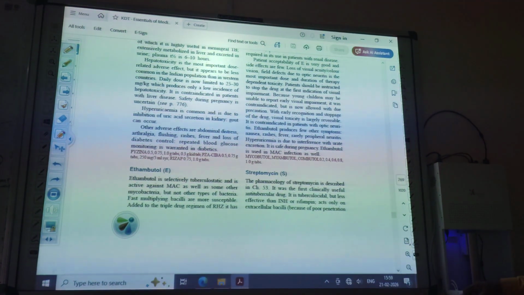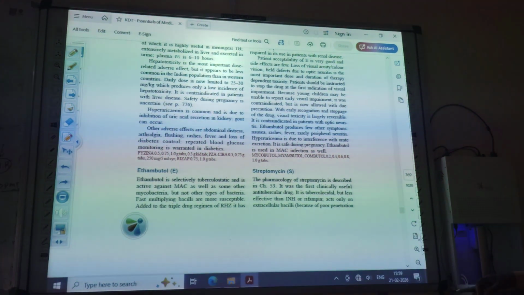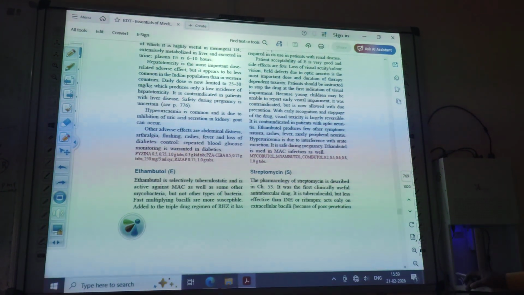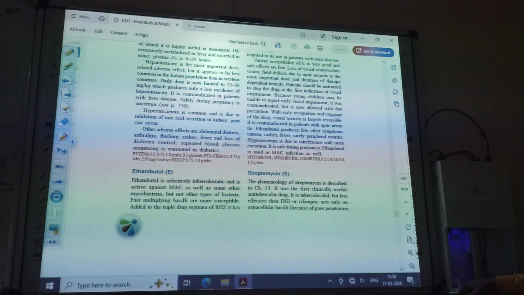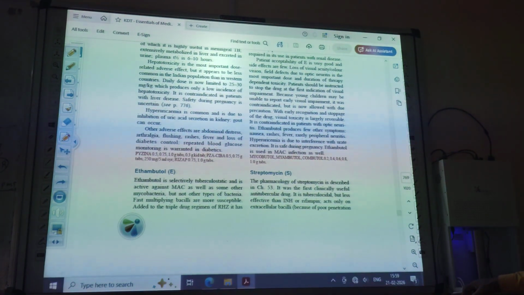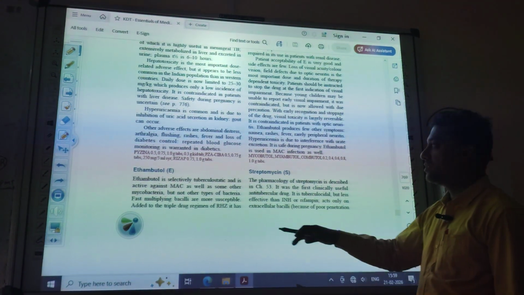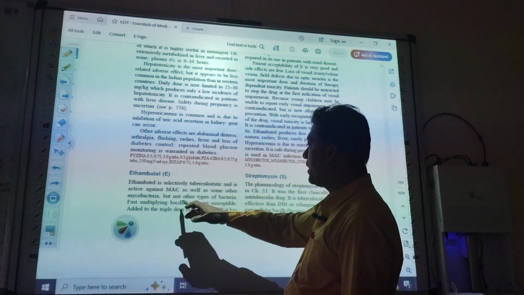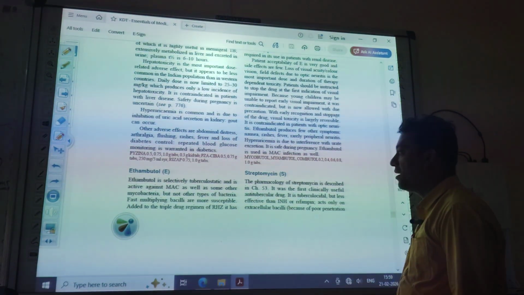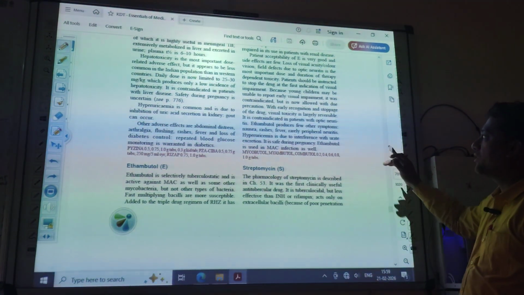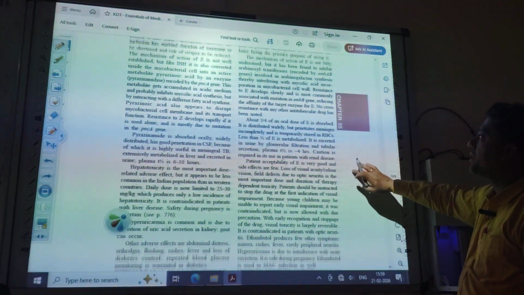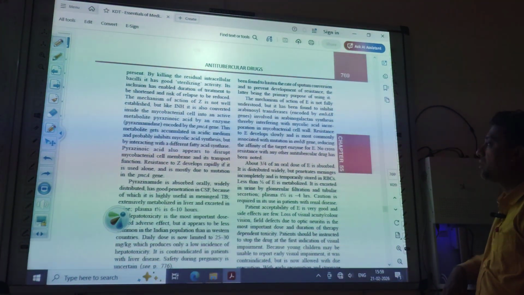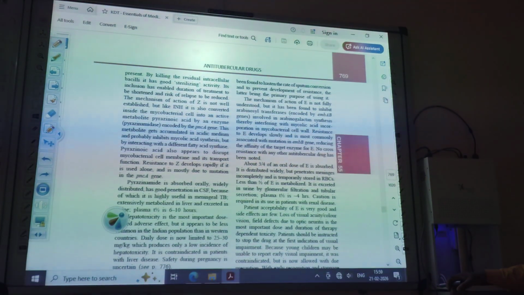Ethambutol is selectively tuberculostatic and is active against MAC as well as some other mycobacteria, but not other types of bacteria. It is the number 4 first line drug among antitubercular drugs.